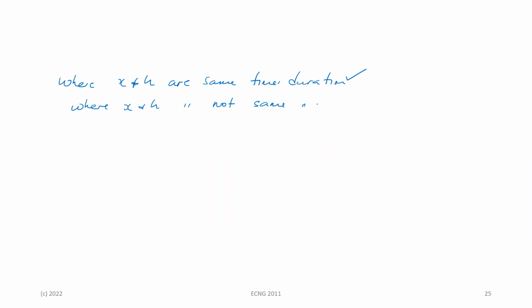And then you're going to meet changes where X and H are not rectangular pulses. One is rectangular, one might be a ramp, or one is rectangular and one might be a triangle, those kinds of things. We're going to meet all of those, for the situation where they have the same duration or they're not the same, one bigger than the other.